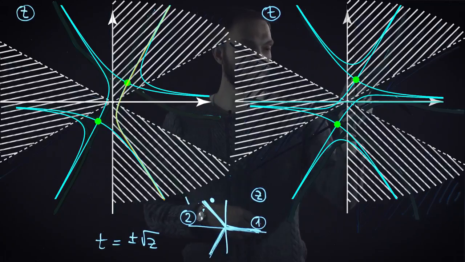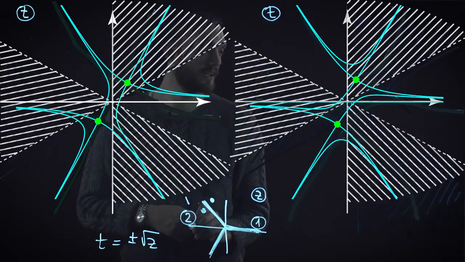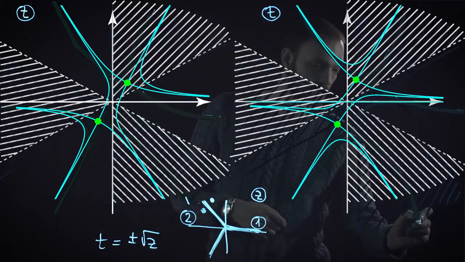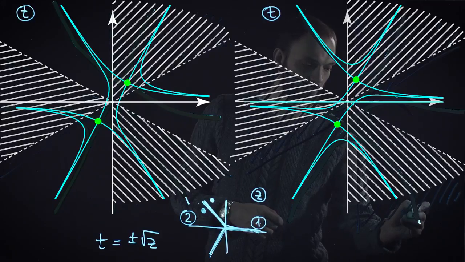So let us now turn to the second picture, which corresponds to an argument which is slightly larger than 2 pi over 3. And again, we need to start from this region. And let us see what our options are.